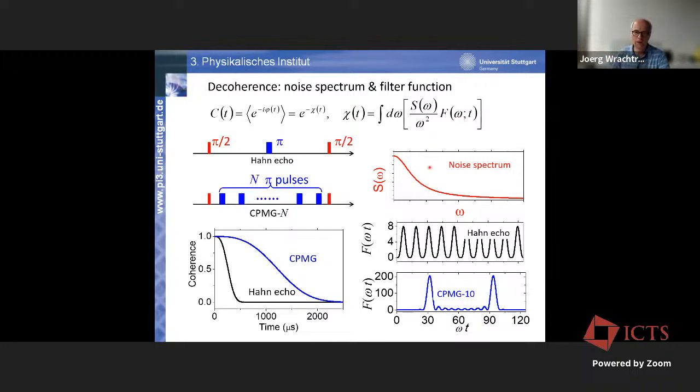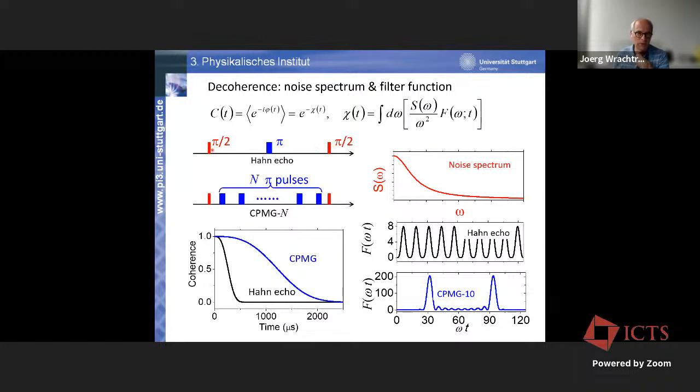So if this is the noise spectrum, let's look at different filter functions. A very simple way to look at them is that they are a Fourier transformation of the pulse sequence you apply to your electron spin.